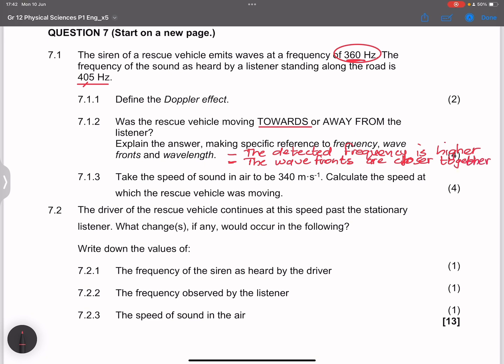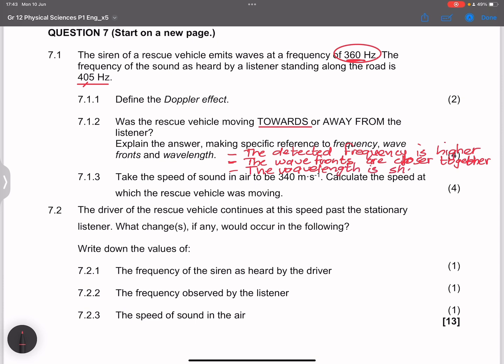And they said wavelength. So remember that the wavelength is actually shorter. Okay, so therefore the wavelength is shorter.